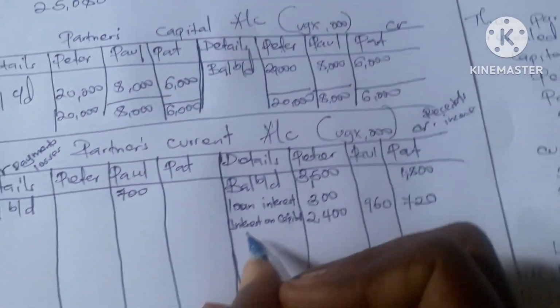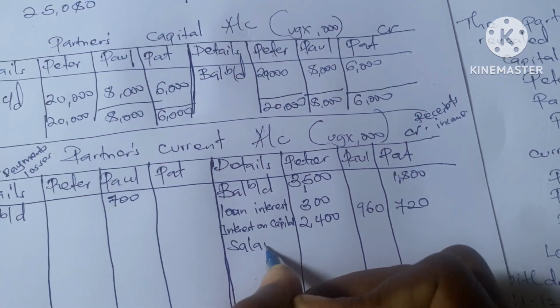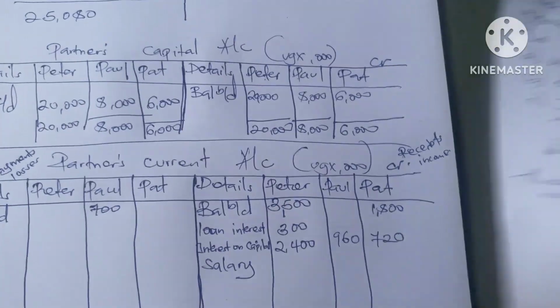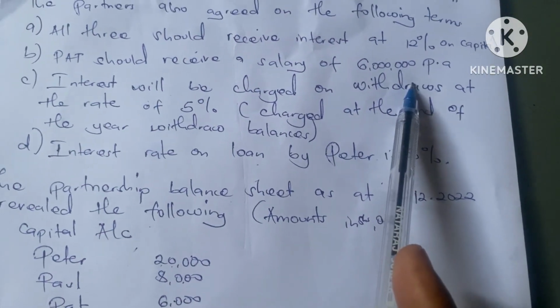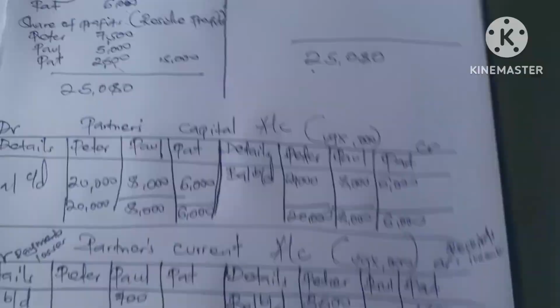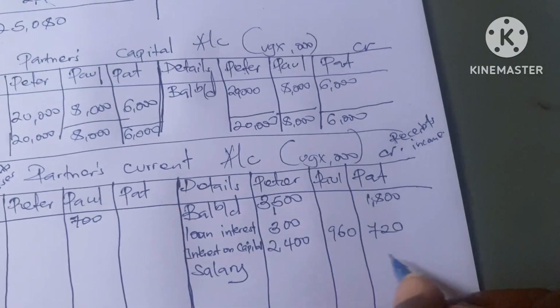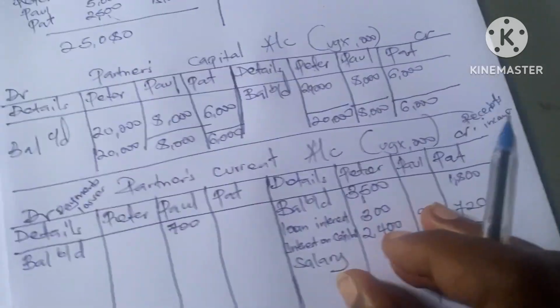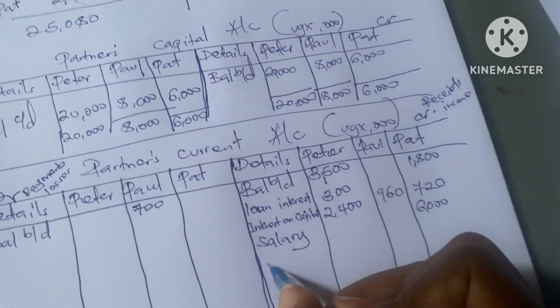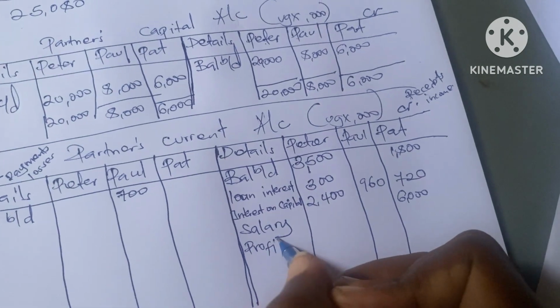Then we also put the salary. They told us Pat should receive a salary of 6M. It's only Pat receiving salary, so where the way is Pat? 6,000, since it is in 3 figures. Then we also have the profits shared.